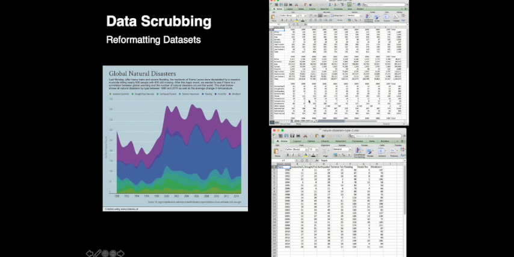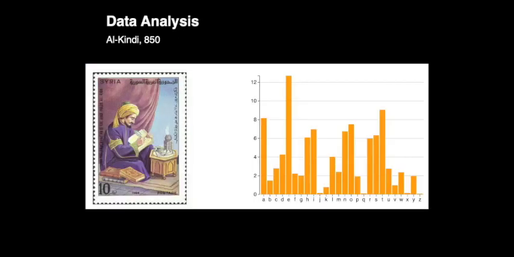So I really only cared about the disasters and the time because I wanted to look at it globally. So I had to put it into a nicer, cleaner format, do some general modifications to it, and this is the format that I ended up getting, which is much nicer and cleaner for actually visualizing it in the end. So let's talk about data analysis now.